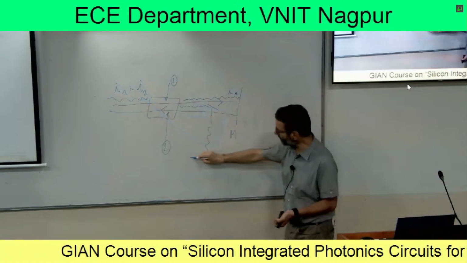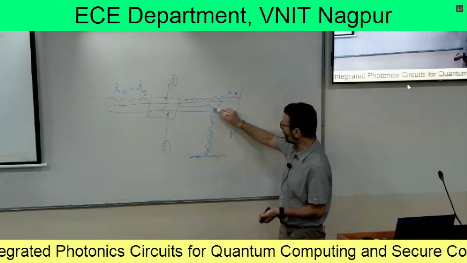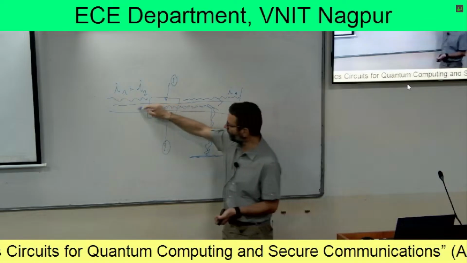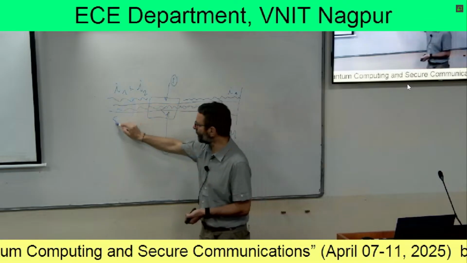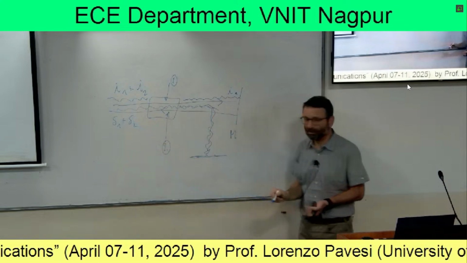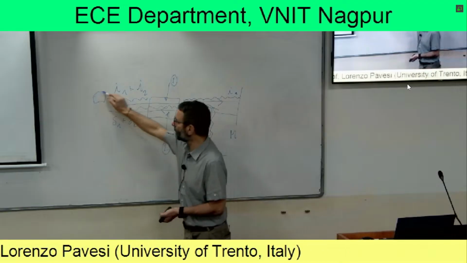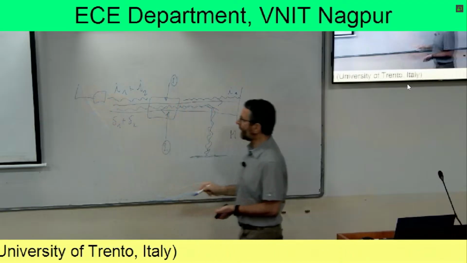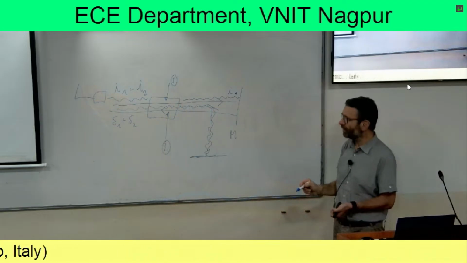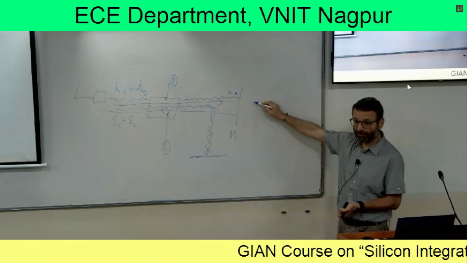Then we have another mirror, and the signal photon goes back, passing through. Therefore here we have the signal photon generated by the first source plus the signal photon generated by the second source. But with the detector, the camera, we look only at the idler photon, not the signal photon.